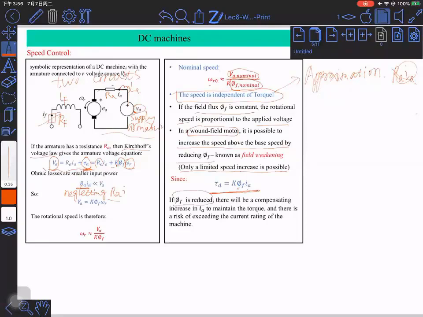If your flux is reduced a lot, you have to increase the current to compensate. But if you reduce the flux too much, the current will not be able to compensate, because there's an upper limit of this armature current due to the material used in the windings and due to the heating and ventilation requirements. You have only a limited range to play with.